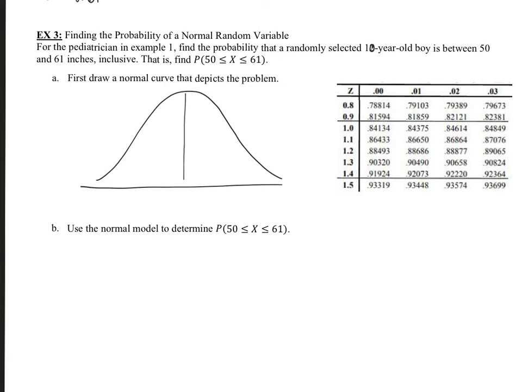So once again, we have the mean of 55.7. That hasn't changed. But we're looking for the values in between 50 and 61. How are we going to find this? Well, first things first, let's find the z-scores.